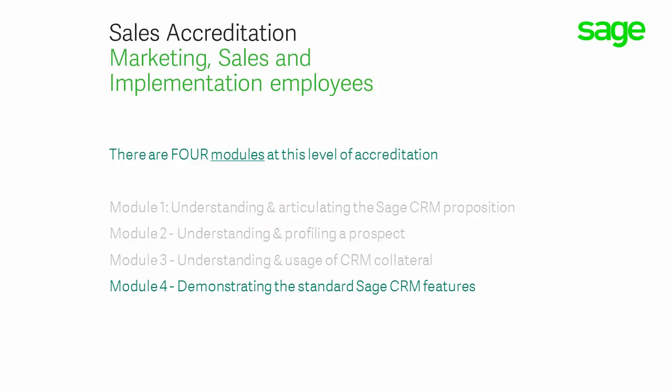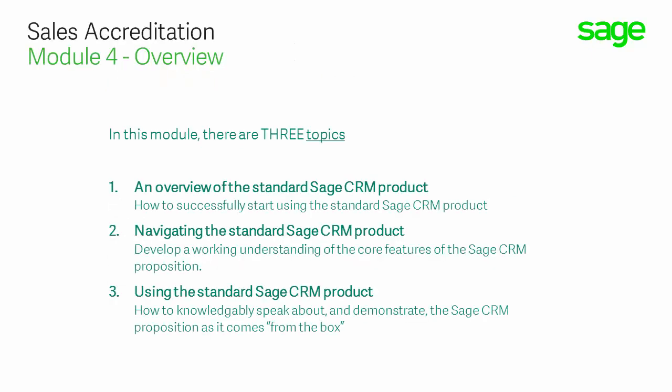This module is designed for people in functional roles such as marketing, sales, and implementation. Each topic in the module, of which there are 3 for Module 4, is made up of a video of approximately 20 minutes. Each topic contains information to build competence and confidence for people in those roles of marketing, sales, and implementation.